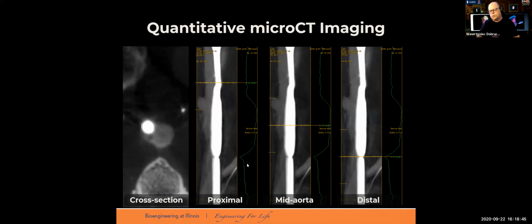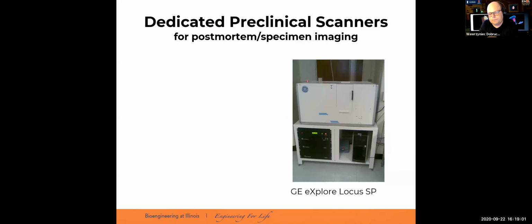So you can do all those types of measurements. In this particular measurement the diameter was about 2 millimeters, so a very small diameter. But with high energy and also high resolution scans, it's possible to do this analysis.